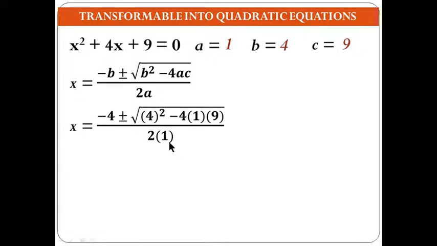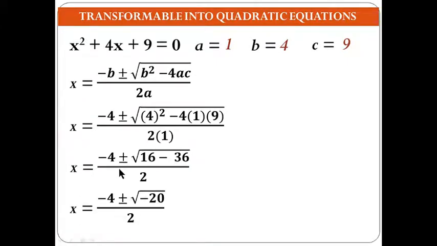Now, after substituting, simplify. So negative 4, positive, negative, get the square of 4. So the square is 16. Then copy minus 4 times 1 is 4 times 9 is 36. So 36. So simplify or get the difference ng ating radicand.